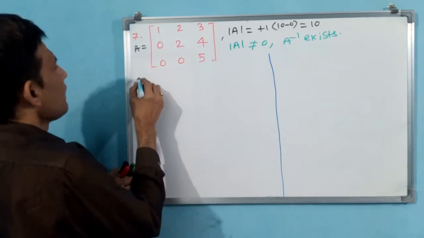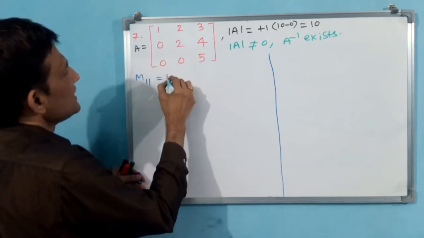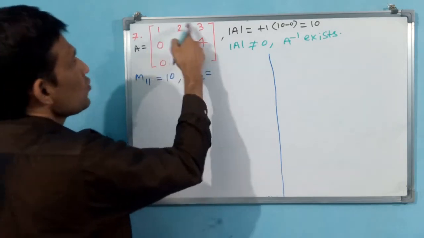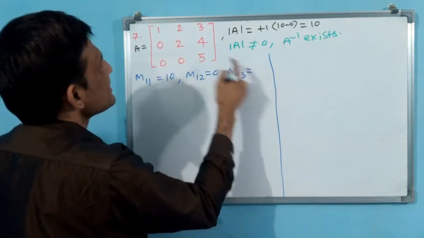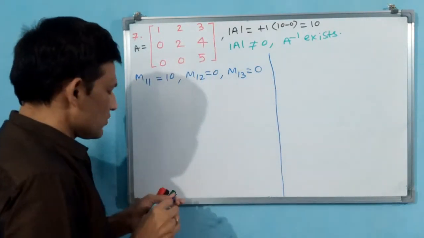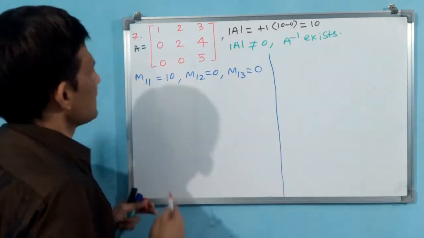Let us do it. M11 is 10 only. M12: 2 we are closing, then 0. M13: 3 we are closing, then 0. Several are going to come zeros. Let it be. We will proceed further.